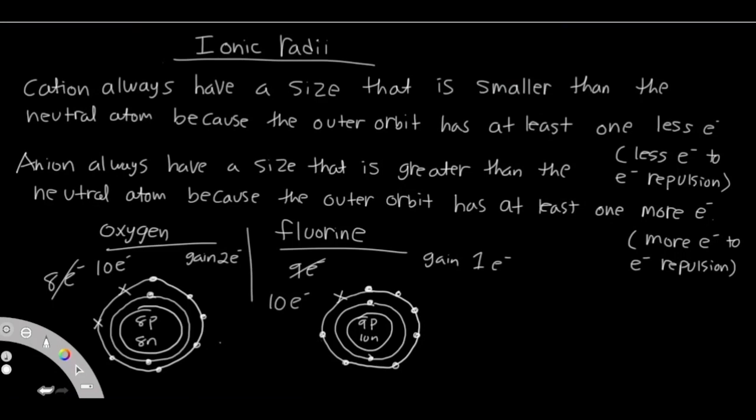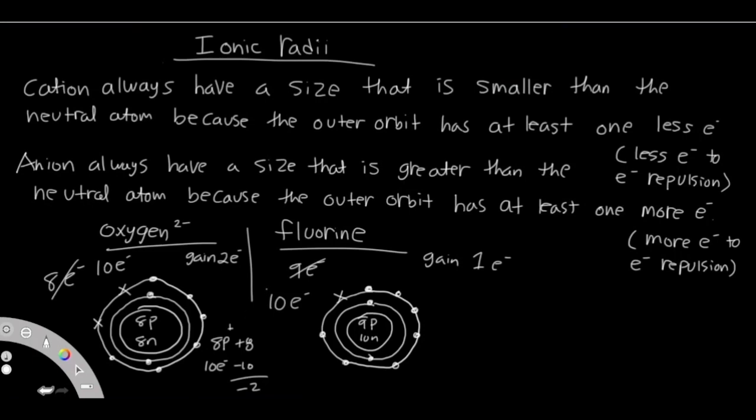Oxygen used to have 8 protons. Eight is going to be positively charged because protons are positive. Now it has 10 electrons, negative 10 because electrons are negatively charged. You now have a charge of 2 minus. This is why oxygen is a 2 minus charge.